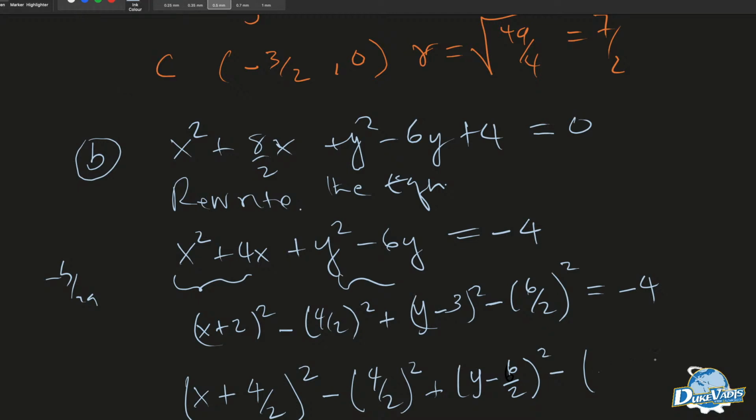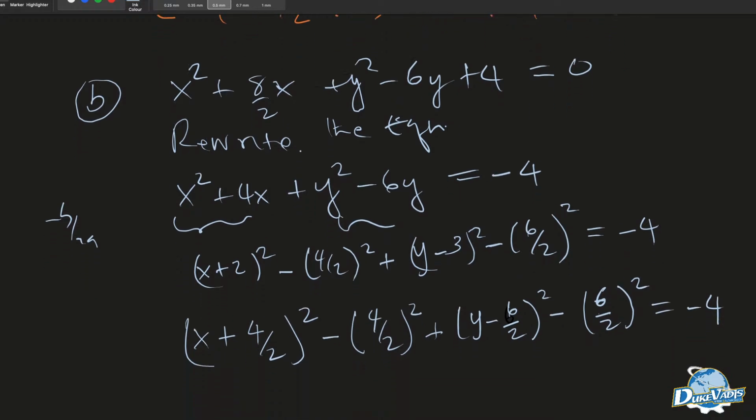So this one will be minus 4 over 2 squared, and here, this one is 6 over 2, so that is 6 over 2 squared is equal to minus 4.